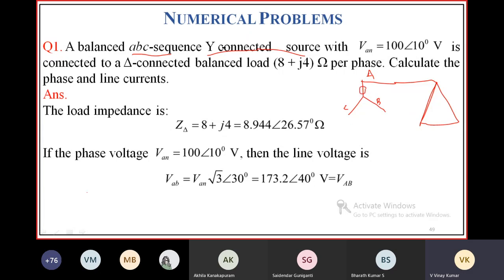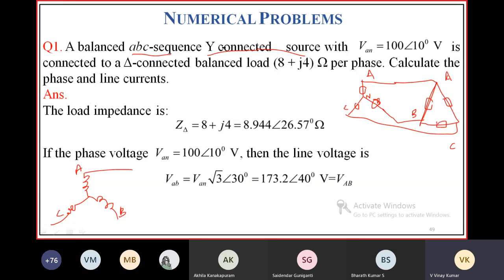Otherwise, simply you can also draw like this. A, B, C, all voltages with neutral point. Here you have impedance, impedance, right?